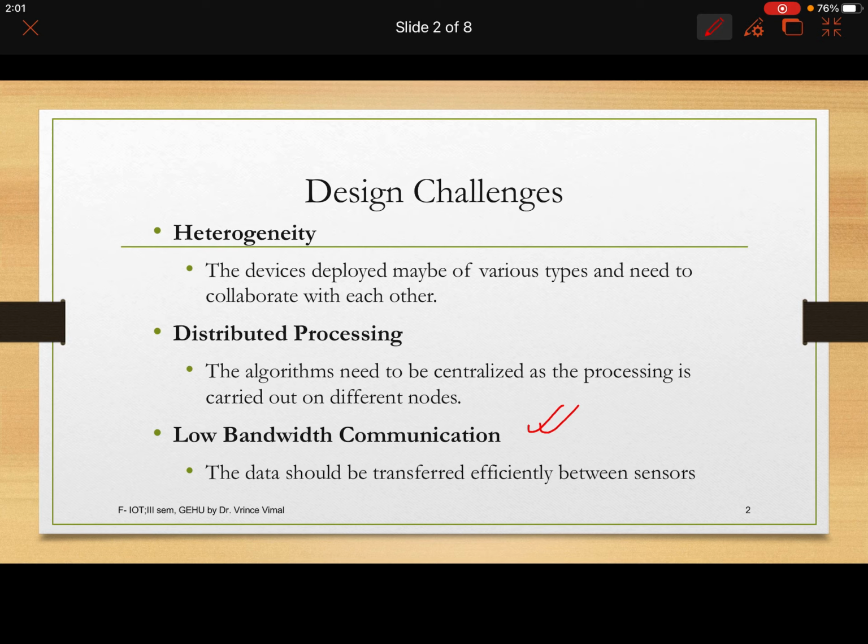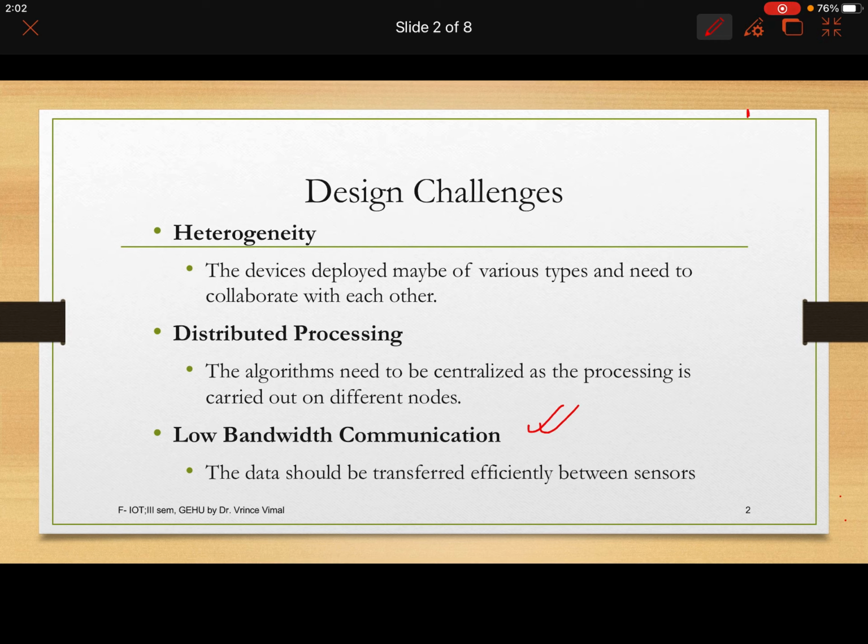If we are transmitting undue data over the network, we are wasting bandwidth and unnecessary money. So the communication between the sensors should take place in a manner so that only meaningful data which would actually generate some actuating feedback should be transmitted over the network.